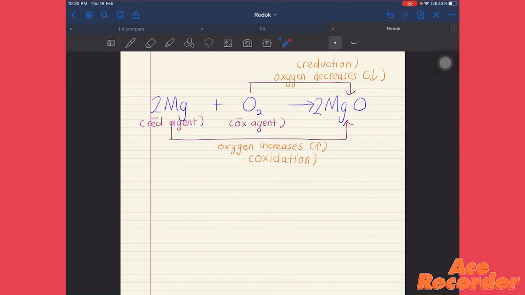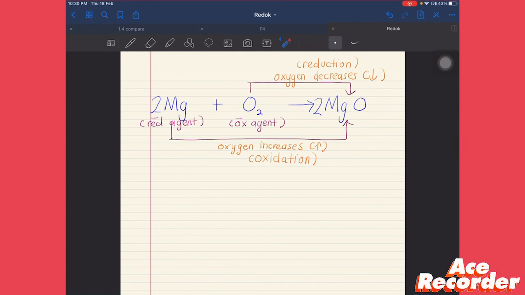Magnesium atom undergoes oxidation to become magnesium oxide. It is because the oxygen number increases. Therefore, oxygen molecule acts as the oxidizing agent.